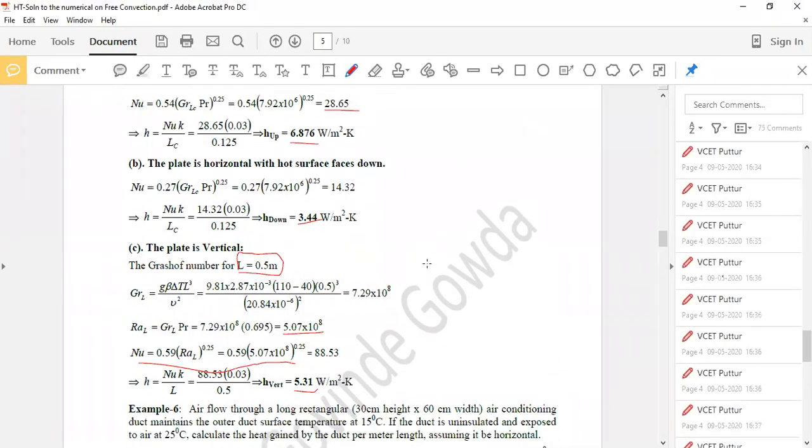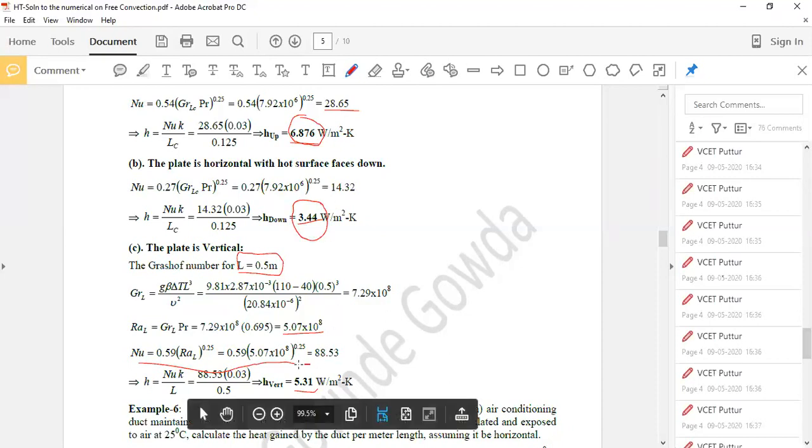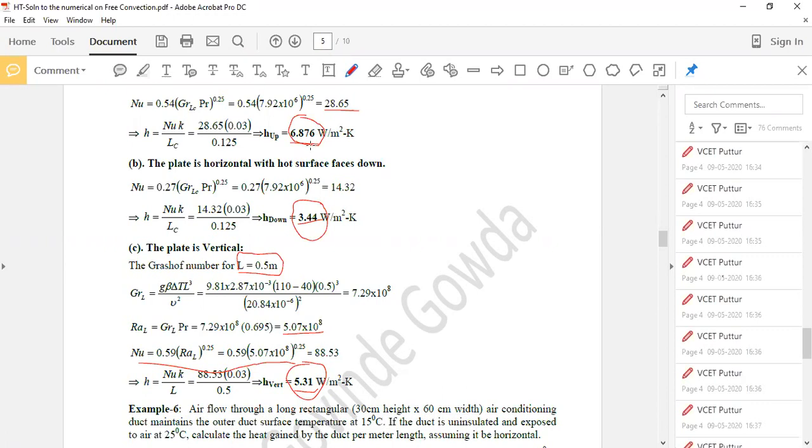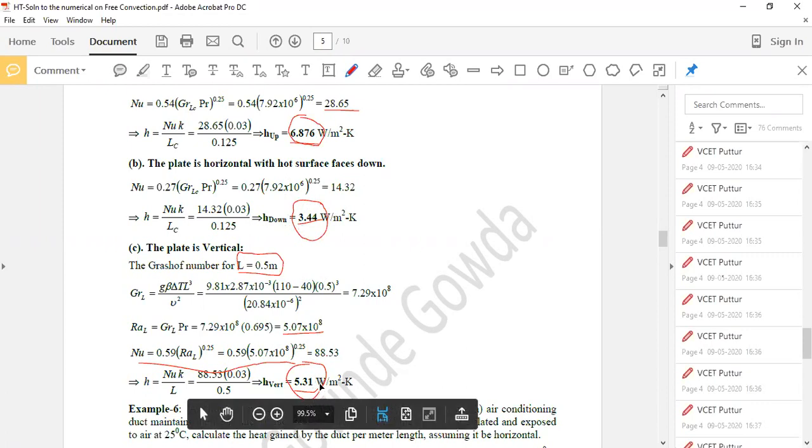You can observe here, purposefully this problem is demonstrated. You can observe here the horizontal plate with heated surface facing up and facing down, and the same plate when it is vertical. So here, when it is facing up, we have the highest heat transfer coefficient, and when it's facing down, it is the lowest heat transfer coefficient compared to the vertical.